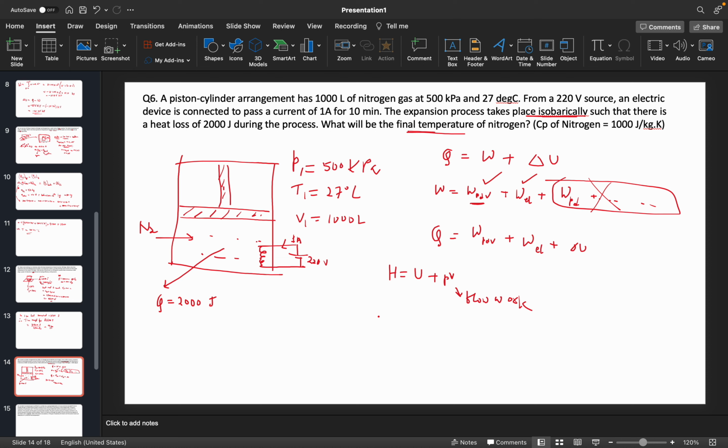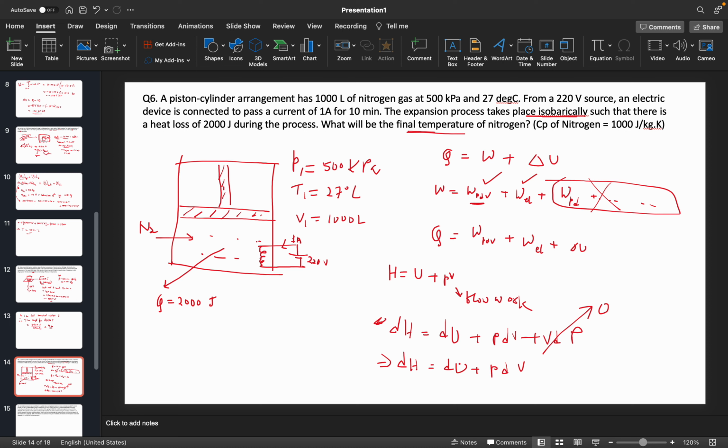If we differentiate, dH = dU + p dV + V dp. Since this is taking place isobarically, dp = 0, so V dp = 0. So dH = dU + p dV.